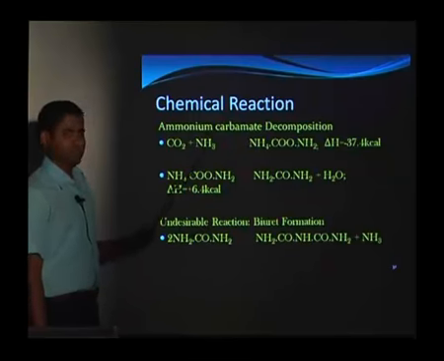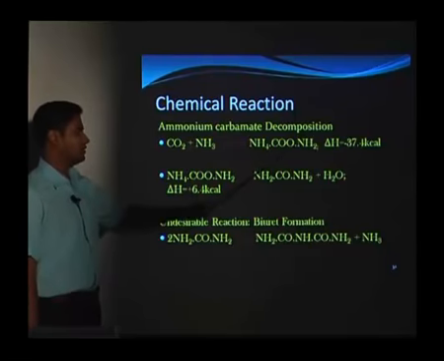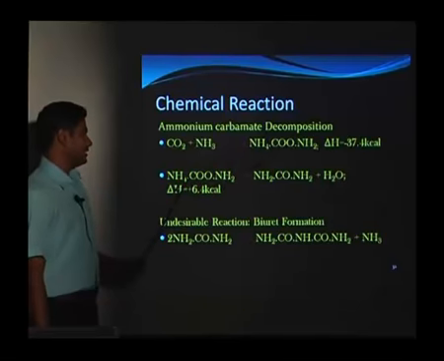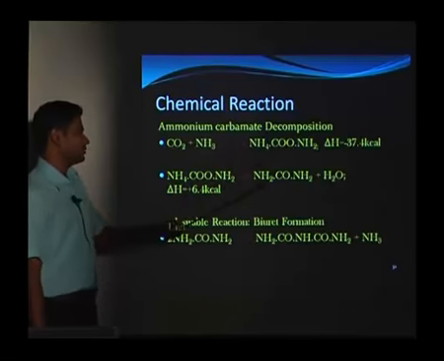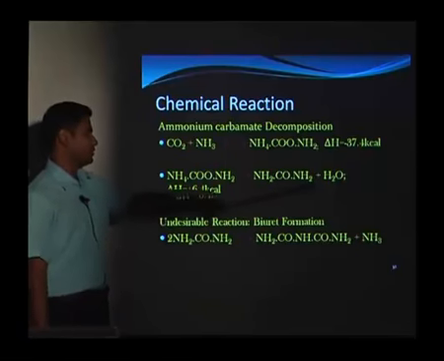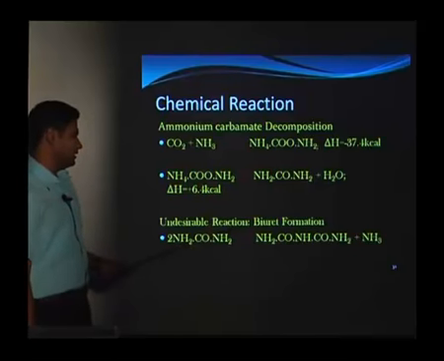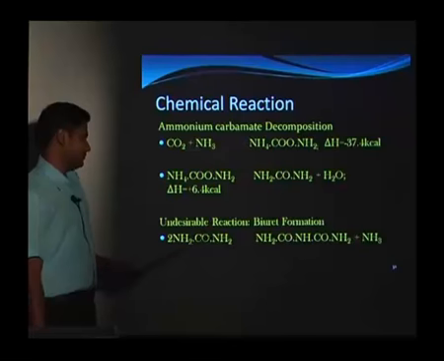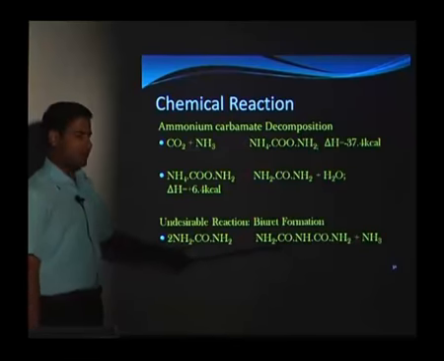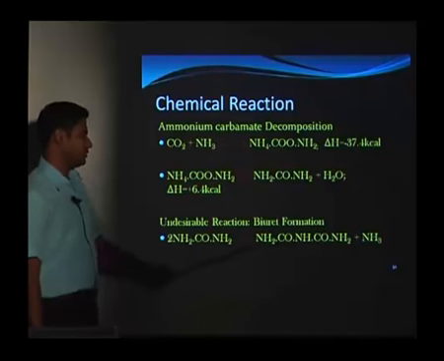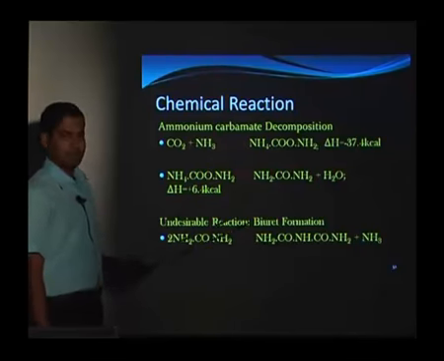If you see the chemical reaction, carbon dioxide and ammonia are used to form ammonium carbamate. Then that carbamate is decomposed to form urea with the evaporation of water. This is an endothermic process, and an undesirable reaction also occurs in this process, that is the urea forming biuret. Biuret is an undesirable byproduct of this reaction.